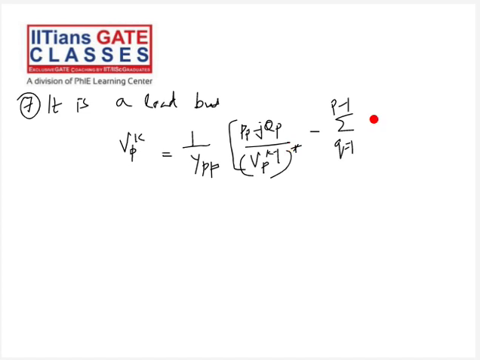So for all the buses up to that bus, we use the value calculated in that iteration, k plus 1, and for the rest, we use the value from previous iteration, right?